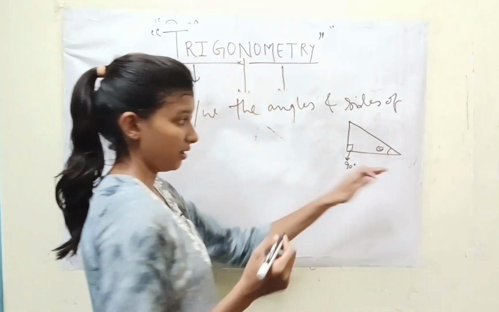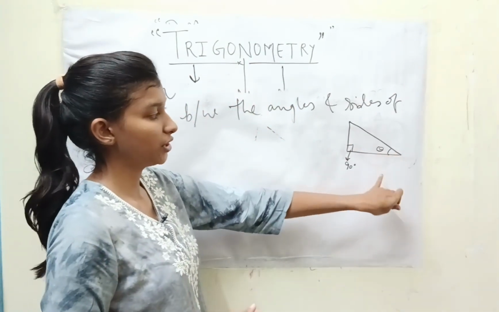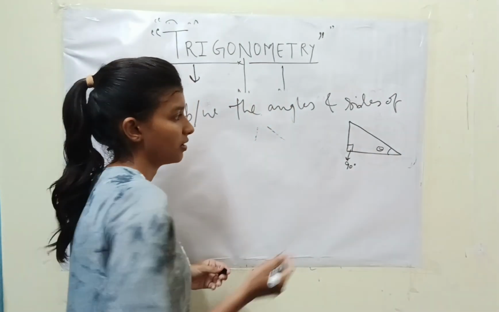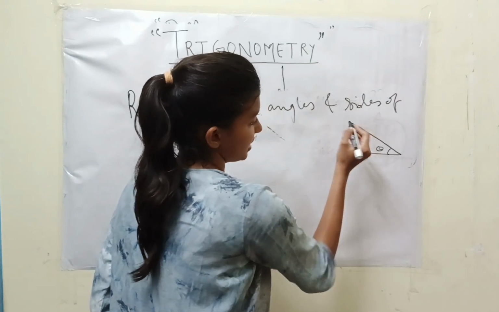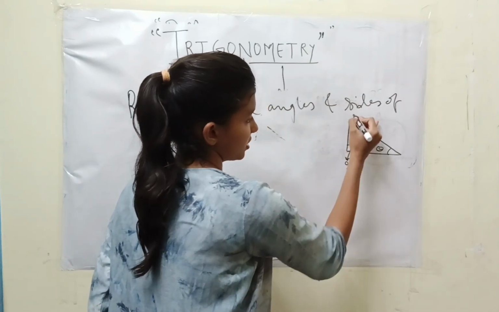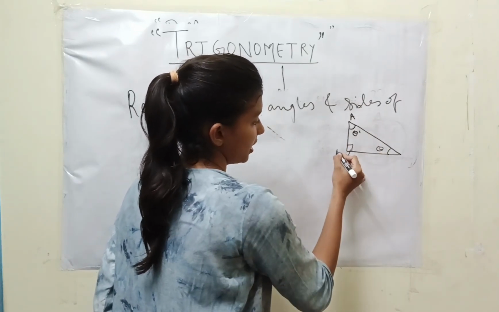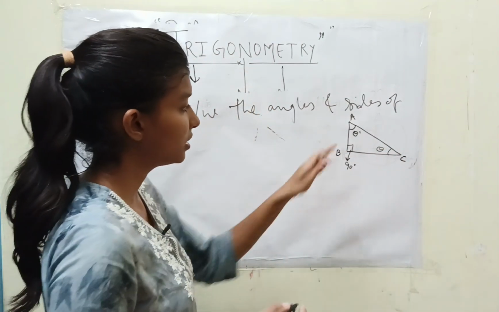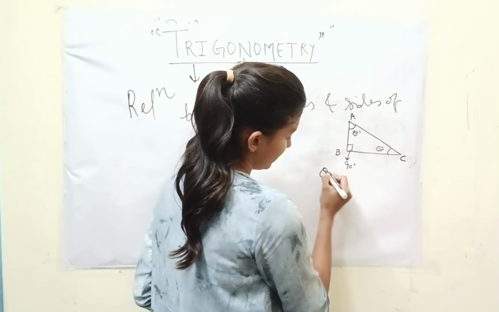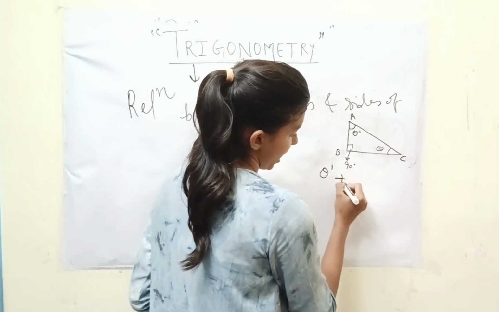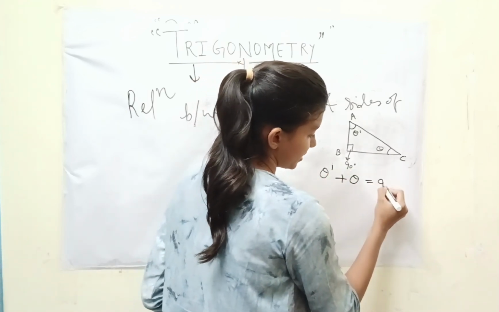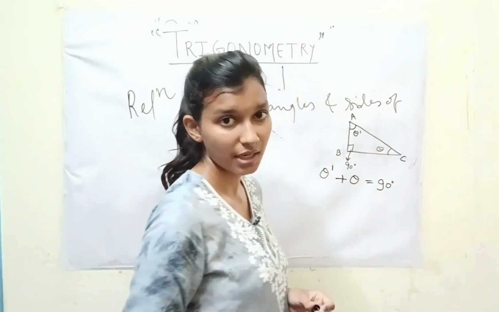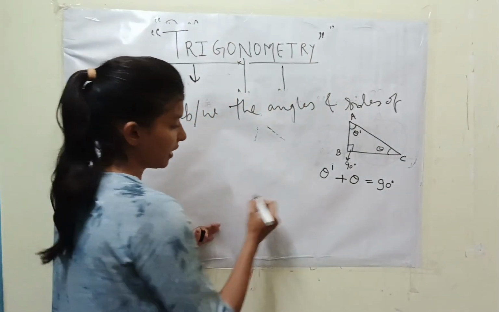Here one angle is denoted by theta, and suppose the second angle is theta dash. This is a right angle triangle ABC. So here we can say that theta and theta dash are complementary angles. Why? By following the concept of angle sum.